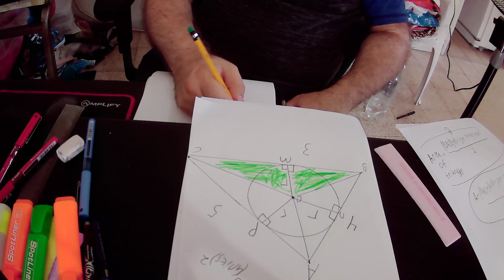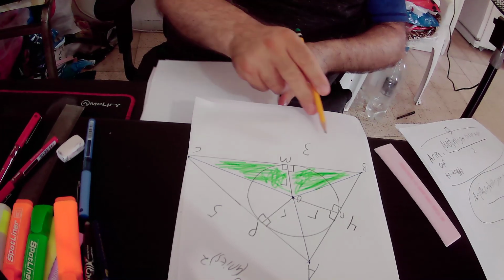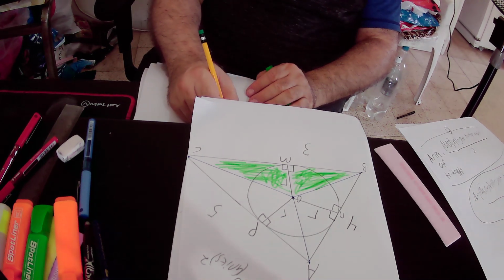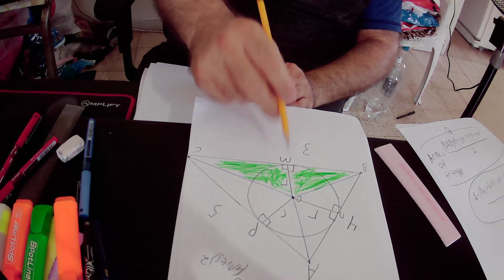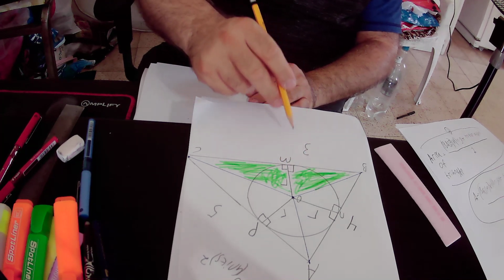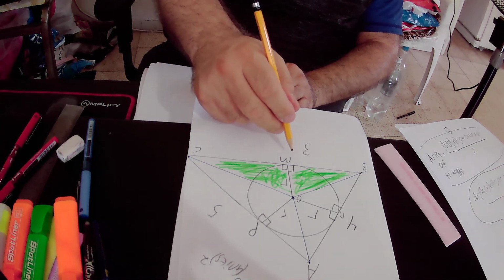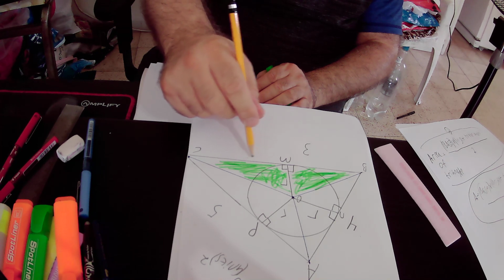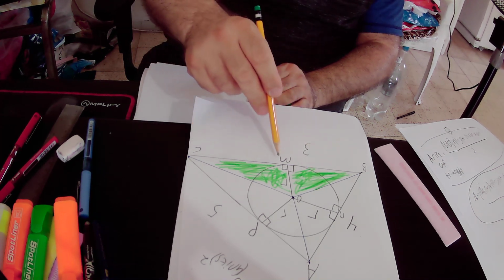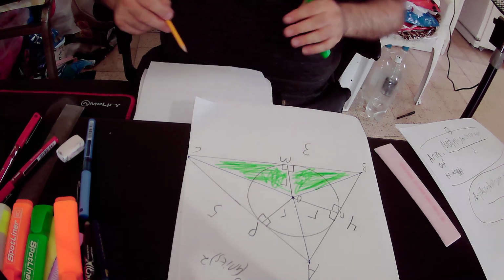A equals the base of the triangle. The base of the green triangle is 3 units, times the height of the green triangle, which equals the radius, because the radius creates 90 degrees with the base. Actually, angle OMC equals 90 degrees, and also angle OMB equals 90 degrees.